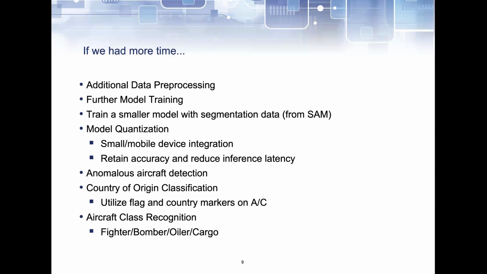We also had ideas for anomalous aircraft detection. Currently, if an anomalous aircraft were to come to our system, we would probably just misclassify it instead of calling it an unknown aircraft. That's something we had in mind as well, but did not have time to implement.